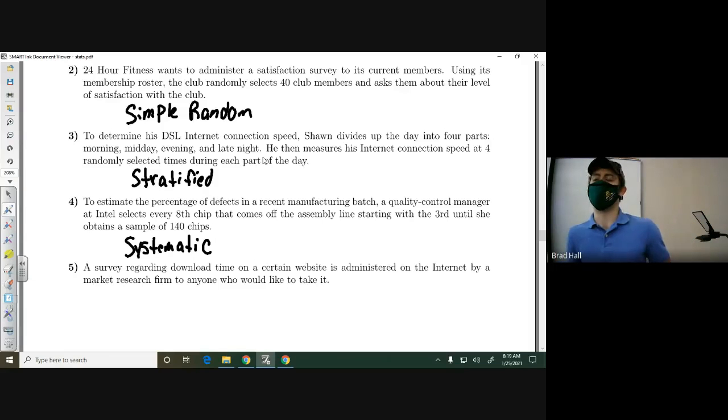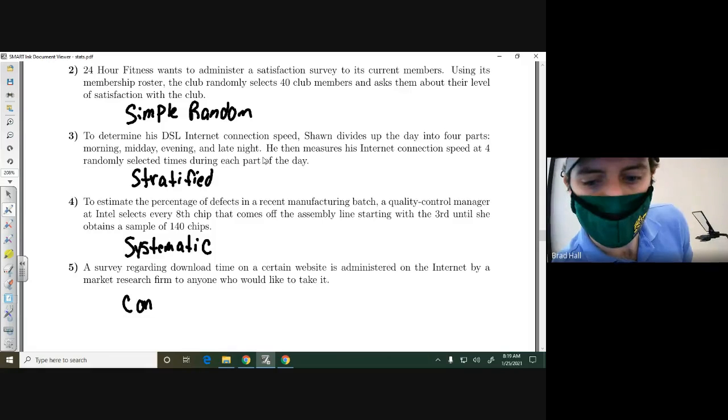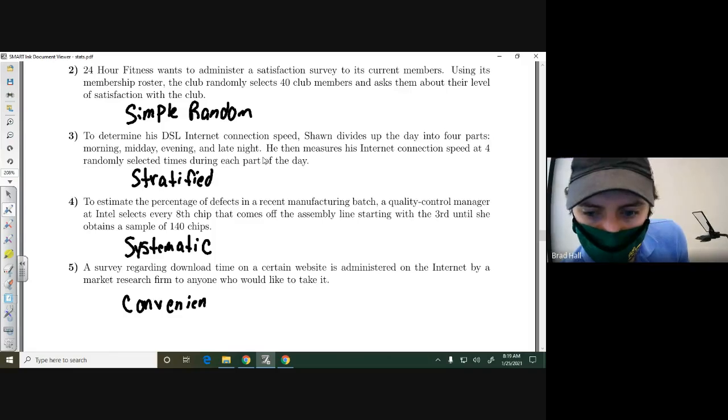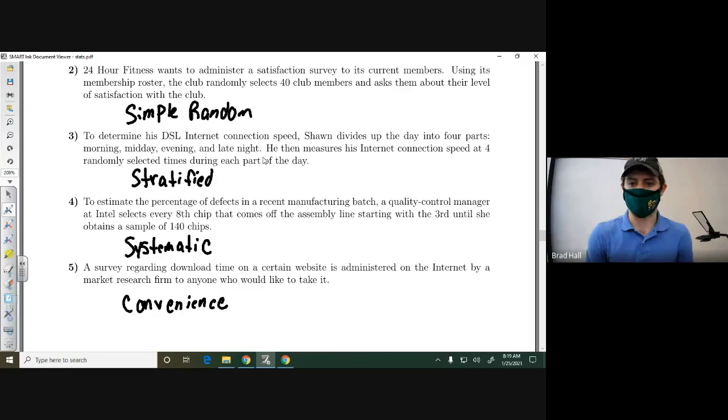So it's generally known in statistical surveys that people who volunteer to take a survey tend to be more passionate about the thing that is being surveyed than those who do not volunteer. So that would be convenience, which is normally not a very strong form of sampling.